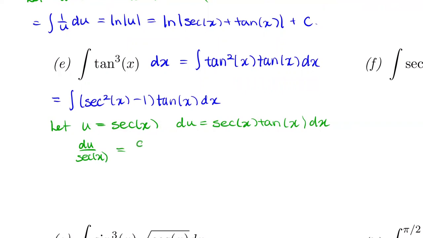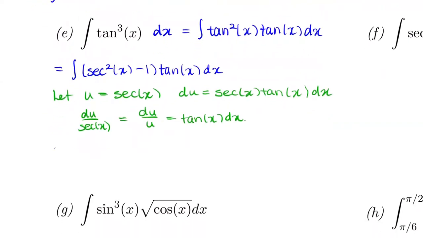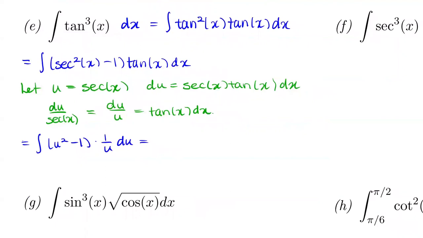But that's also the same as saying du divided by u. So that's also equal to tan x dx. So if I apply that substitution in, I'm going to obtain the integral of u squared minus 1 multiplied by 1 divided by u du. So that means I'm just going to have the integral of u squared minus 1 over u du.